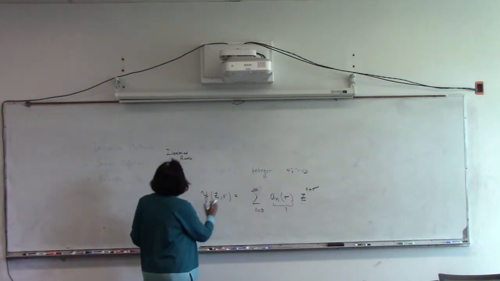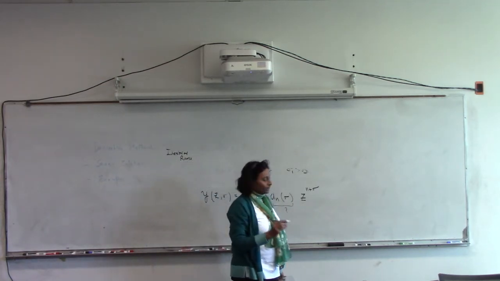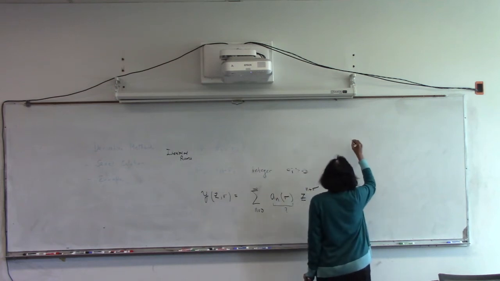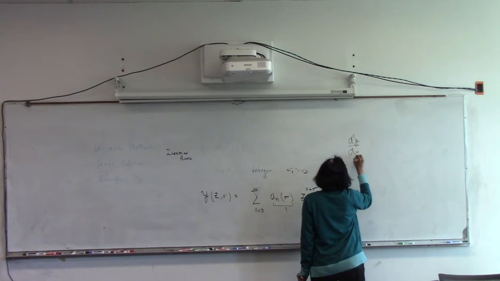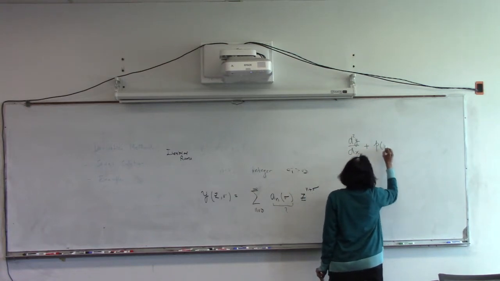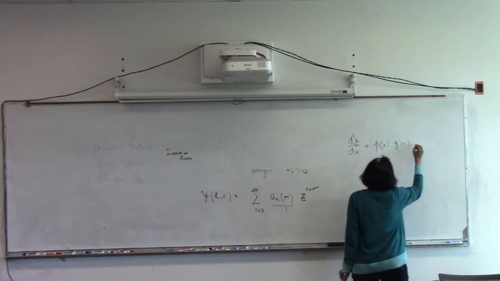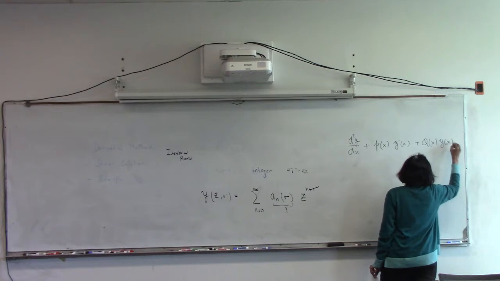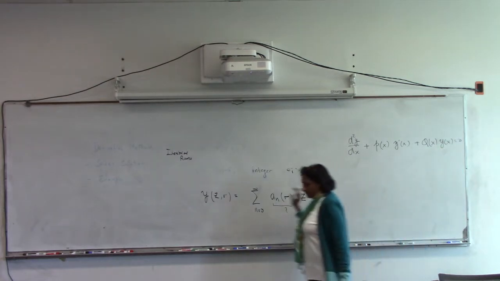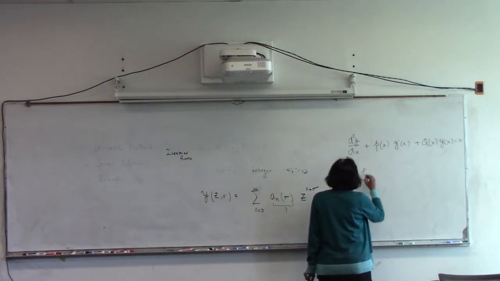Now, what are we trying to do? We are solving a second order differential equation. And if you remember, the way we write our canonical form is like this, right? We are solving a homogeneous second order differential equation of this form, which we can write in this way.